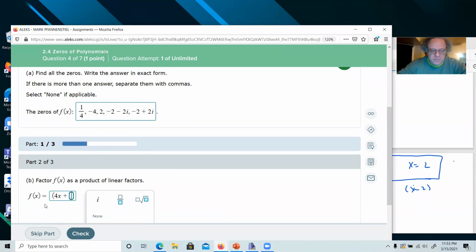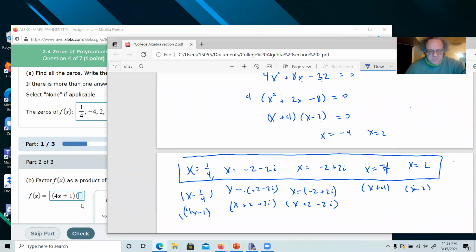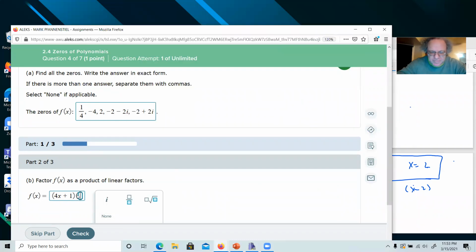That's 4x plus 1. All right, we have an x plus 4 and x minus 2. We have an x plus 2 plus 2i.